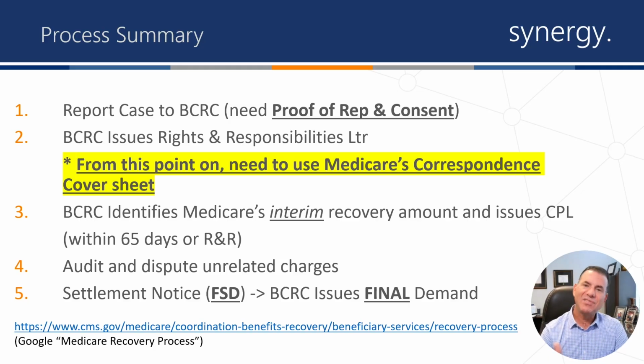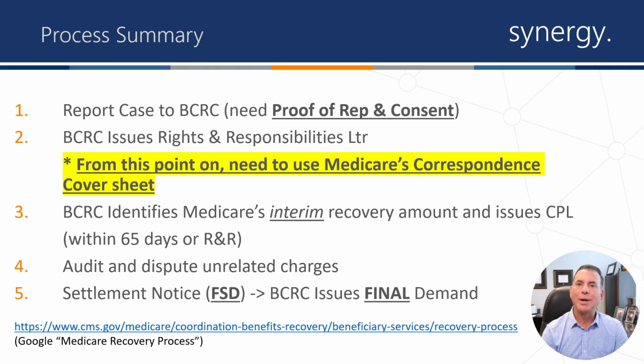If it's exceedingly low and you know there's been treatment, one of two things has happened. Either Medicare has not gotten all of the information yet on those treatment dates, or it could be that your client switched over into a Medicare Advantage plan, Part C plan, and I'll talk about that in a moment.